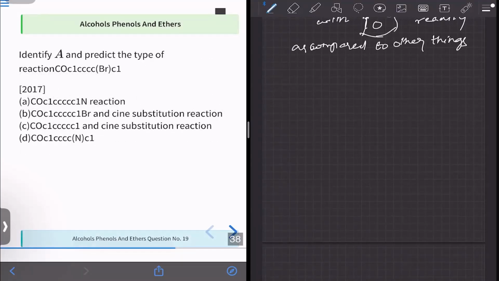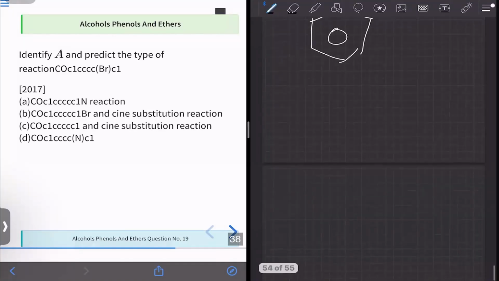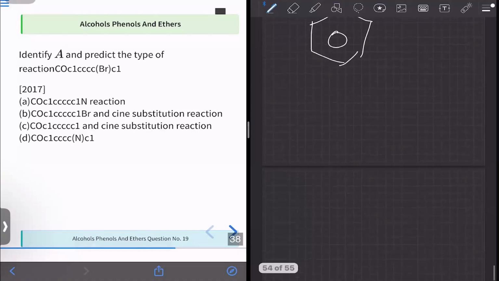Next one. Identify the product type of reaction. See, they gave benzene with OCH3 at the first position and Br.